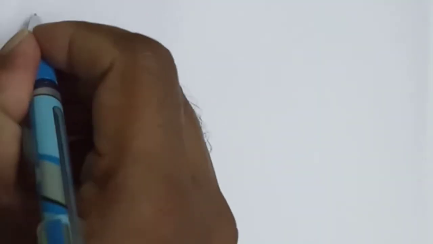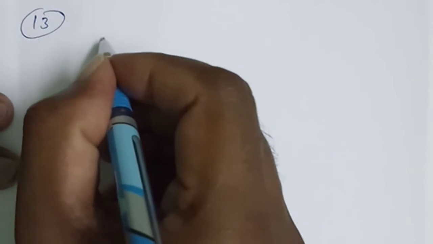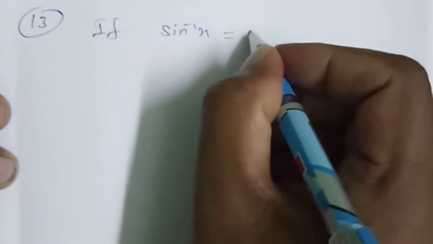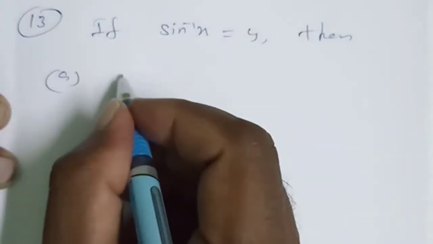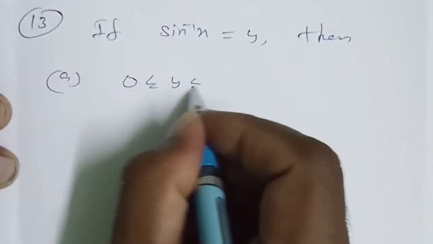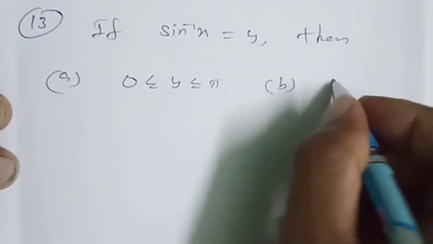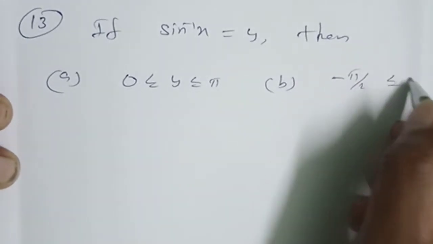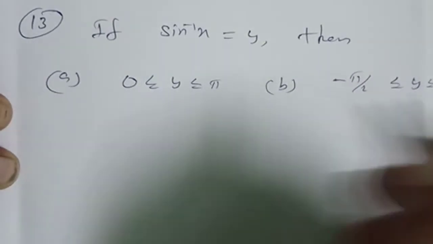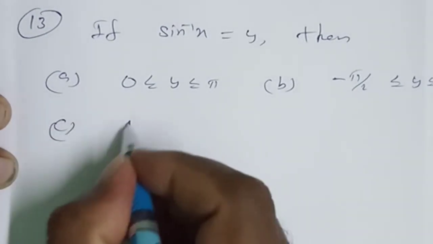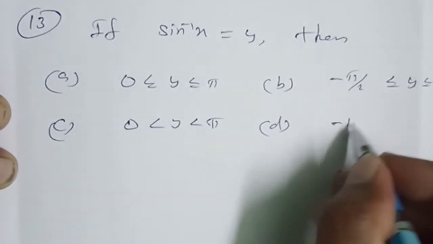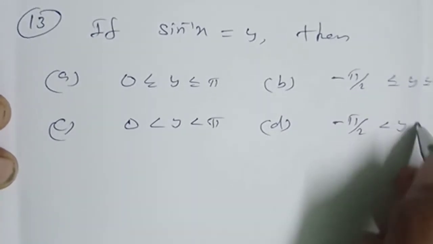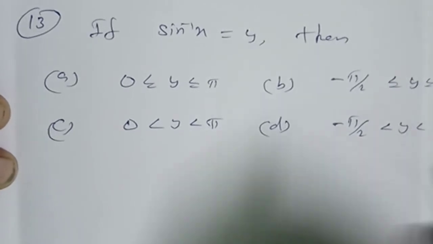Next, problem number 13. If sin inverse x is equal to y, then: a, 0 less than or equal to y less than or equal to pi; b, minus pi by 2 less than or equal to y less than or equal to pi by 2; c, 0 less than y less than pi; d, minus pi by 2 less than y less than pi by 2.